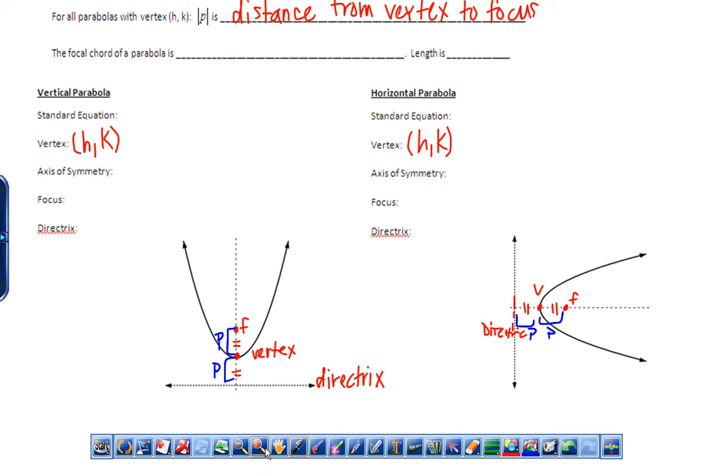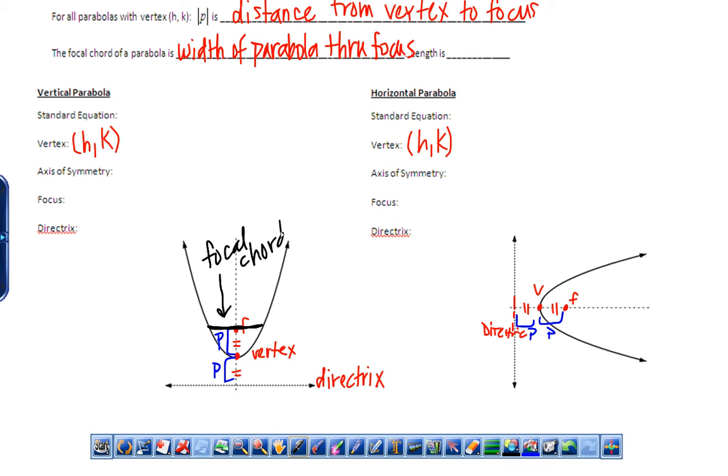Okay, it says the focal chord of a parabola is the width of the parabola, and this is through the focus. So this is how wide the parabola is, but I'm going to go through the focus. So I'm going to go right through here, and this right here is called your focal chord.